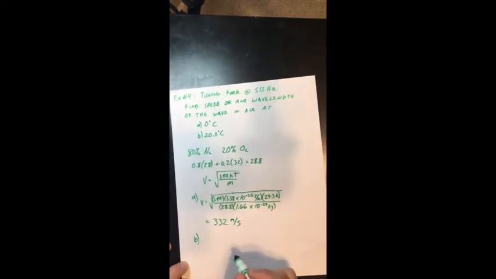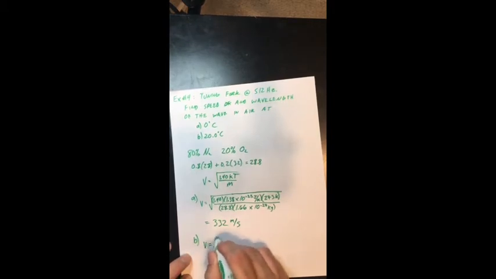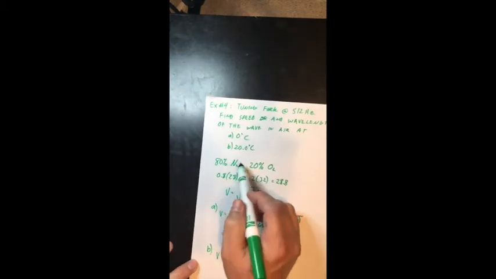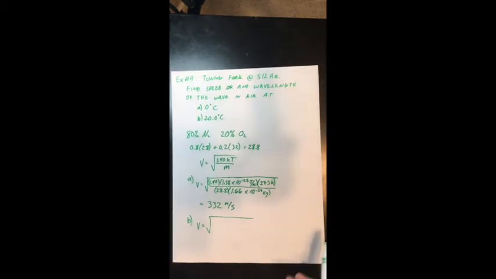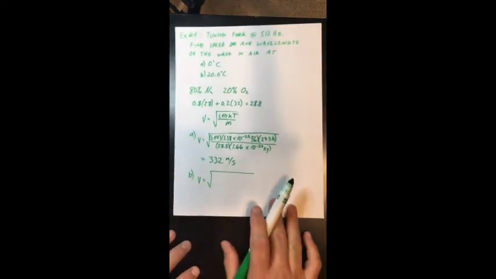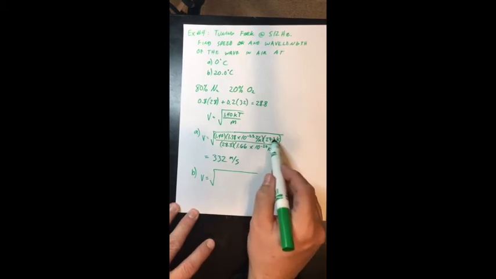Okay, but actually more often, we're going to do this same calculation to see what it would be at 20 degrees Celsius, because 20 degrees Celsius is more like room temperature. That's kind of a standard comfortable temperature. So to work this again, the only thing that changes is the temperature.